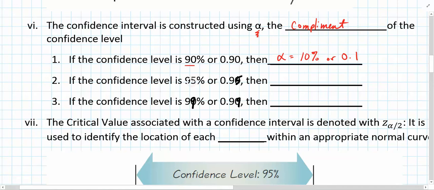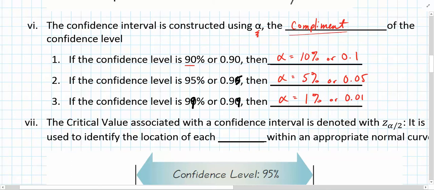If the confidence level is 95% or 0.95, then alpha is equal to 5% or 0.05. And finally, if the confidence level is 99%, then alpha is equal to 1% or 0.01.